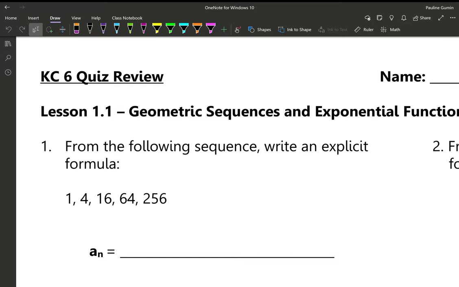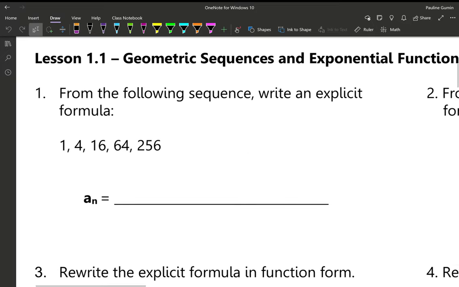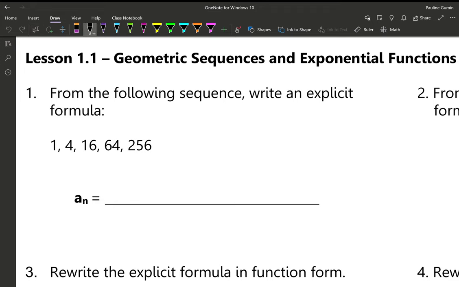Let's get started. For number 1 and 2, we are going to write an explicit formula for the sequences. So let's write down the formula. It's a_n equals a_1 times r to the n minus 1. a_1 is our first term. That's easy to find. a_1 is 1.